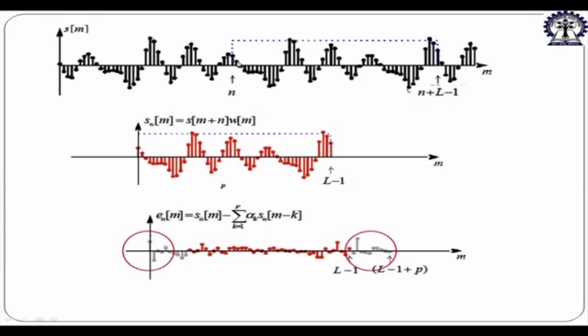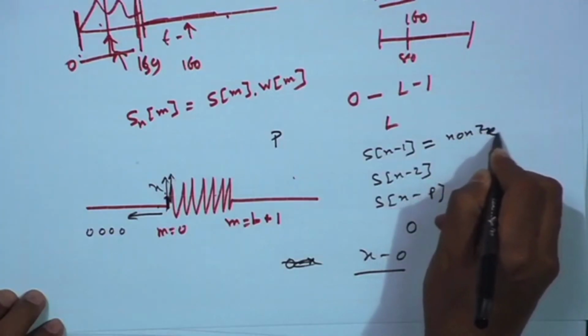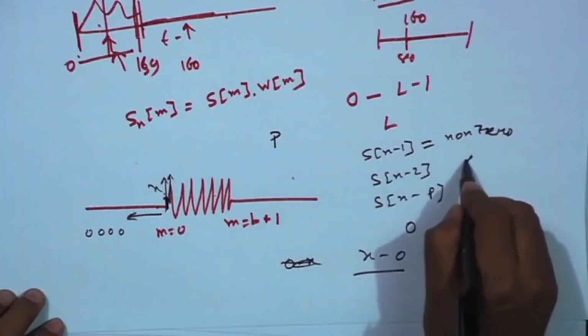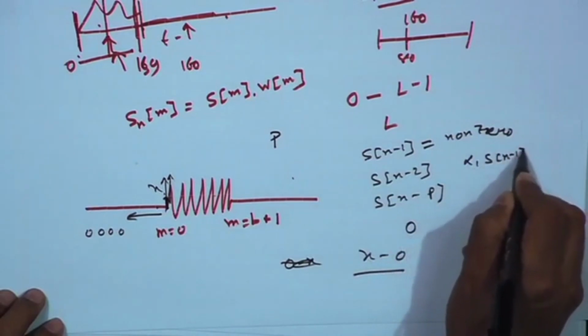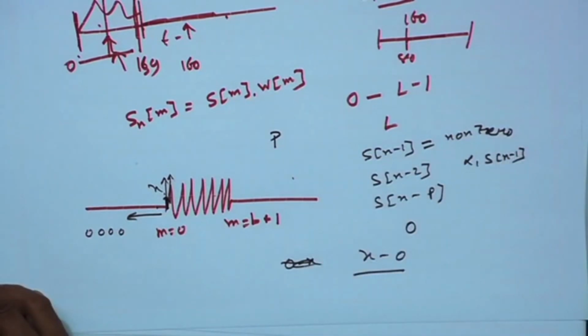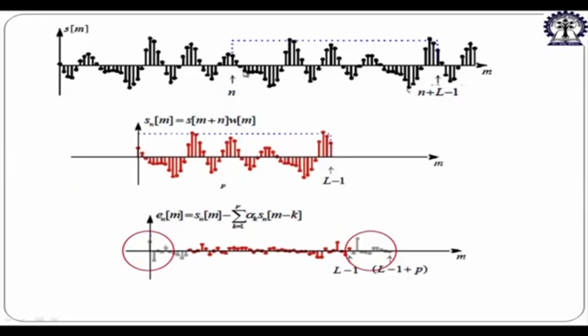Take the next sample. I am estimating it from the previous p samples, where only one sample, S(n minus 1), is non-zero. So my prediction will be alpha 1 times S(n minus 1). Then also the error will be maximum, because this is not a linear combination of all samples. Once I move inside the window, my prediction error will be minimum.